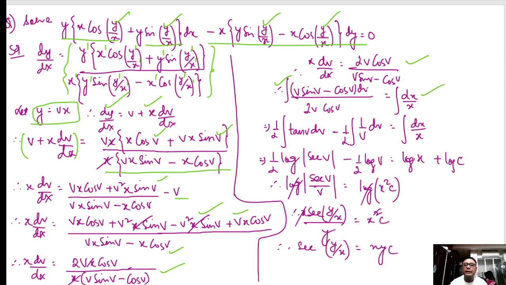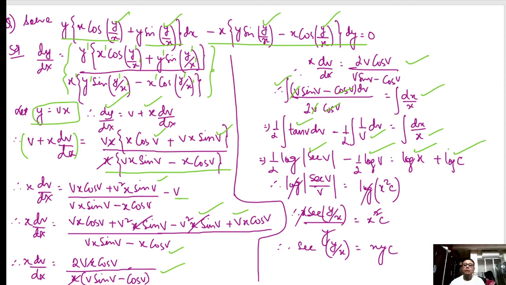Now separately write it. Here v and v will cut, it becomes half tan v dv, and here it will become 1 by v. Here cos v will cut. Now this is tan v is log sec v, and minus half log v is log x plus log c.